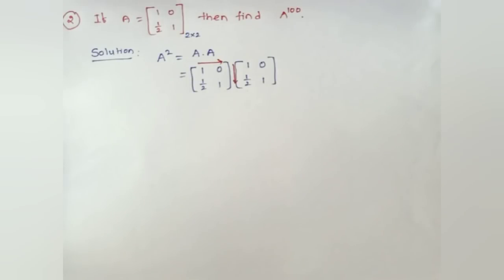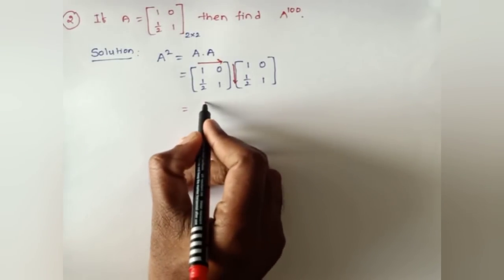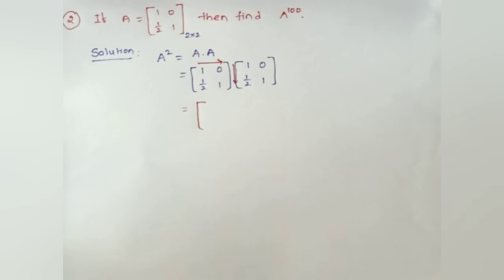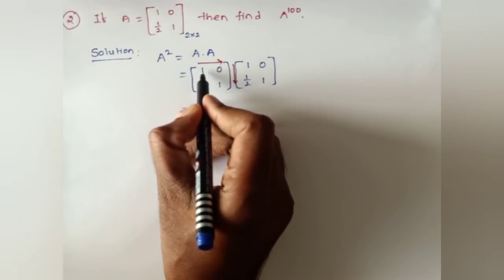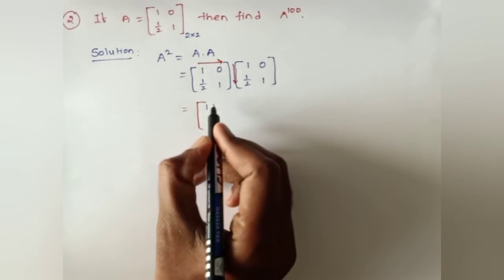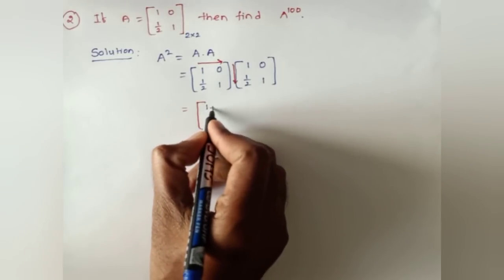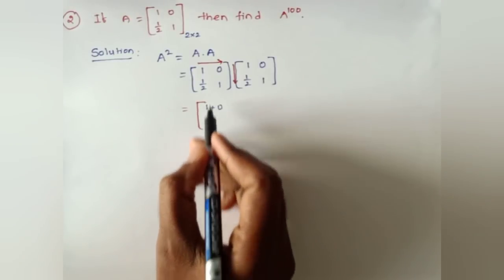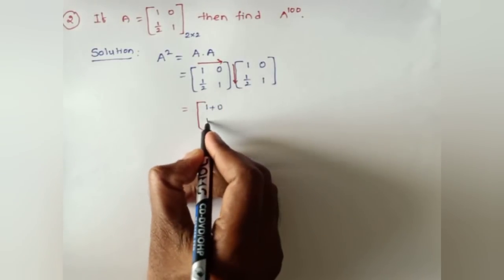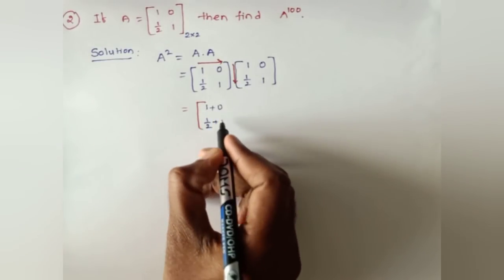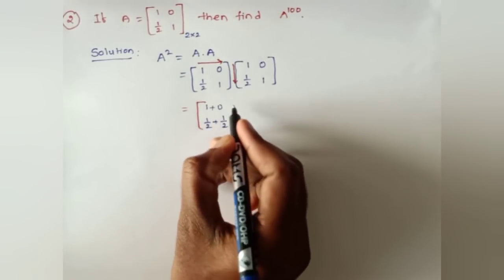So we get another matrix with 4 entries. Here 1 into 1 is 1, plus 0 into 1/2 is 0. Next, 1/2 into 1 is 1/2, plus 1 into 1/2, again it is 1/2.